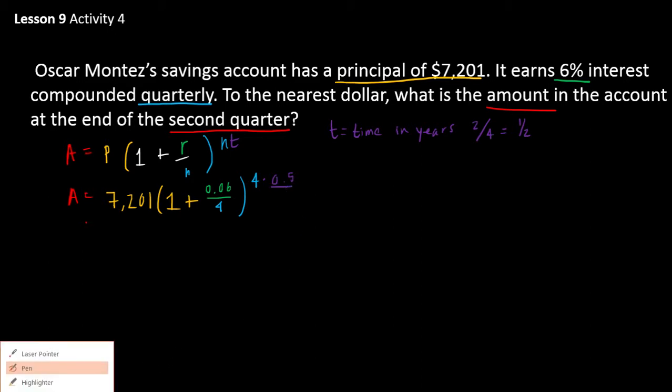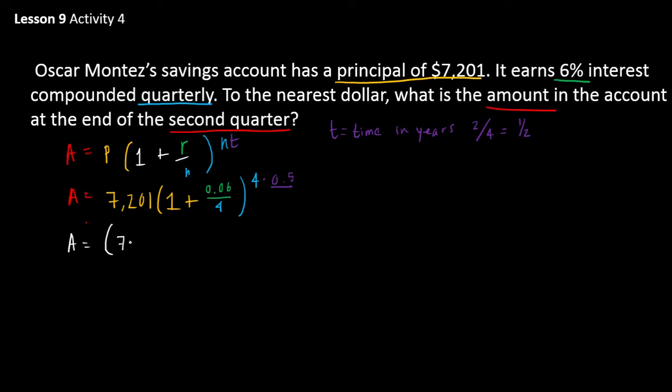From here, it's just a matter of combining terms and simplifying our problem. I would recommend starting with 7,201 times, I would recommend starting in the exponent. 4 times 0.5 is 2. I'd simplify that first. Then I'd simplify the fraction. 0.06 divided by 4, and then I would even convert it to a decimal.